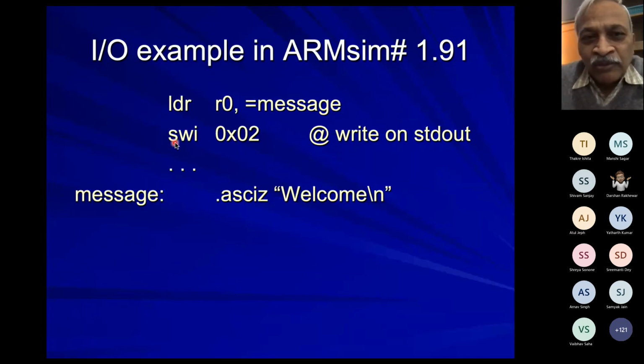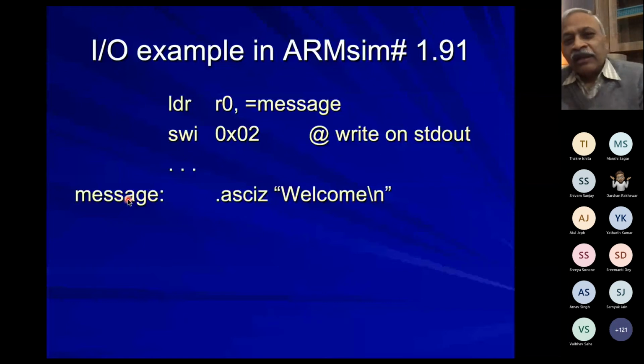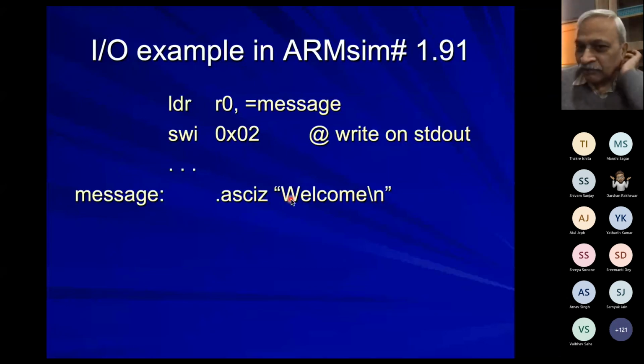So before SWI 02, you load R0 with this address. ASCIZ means a null-terminated string. So it will print the entire string, and when null is encountered, it will stop.